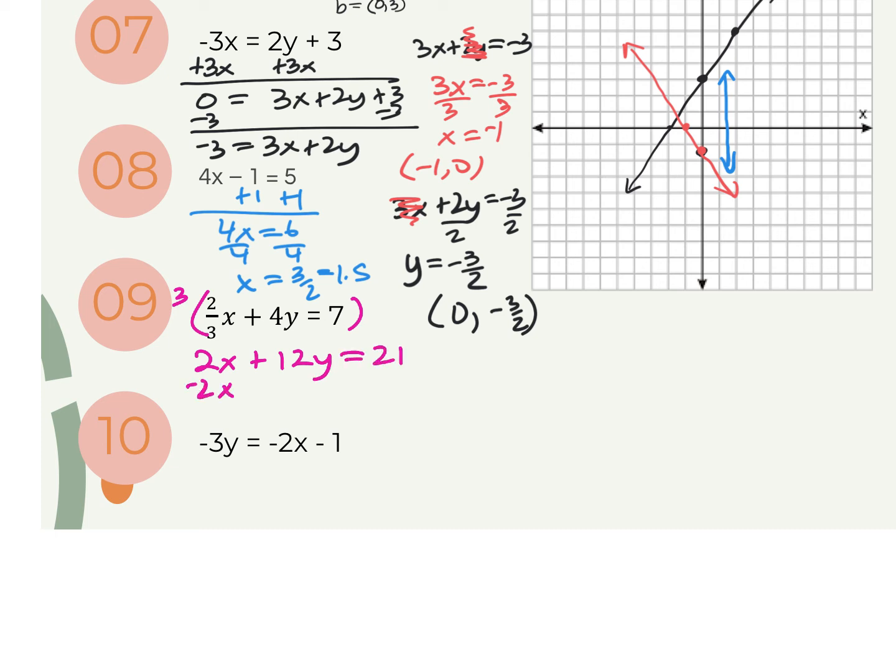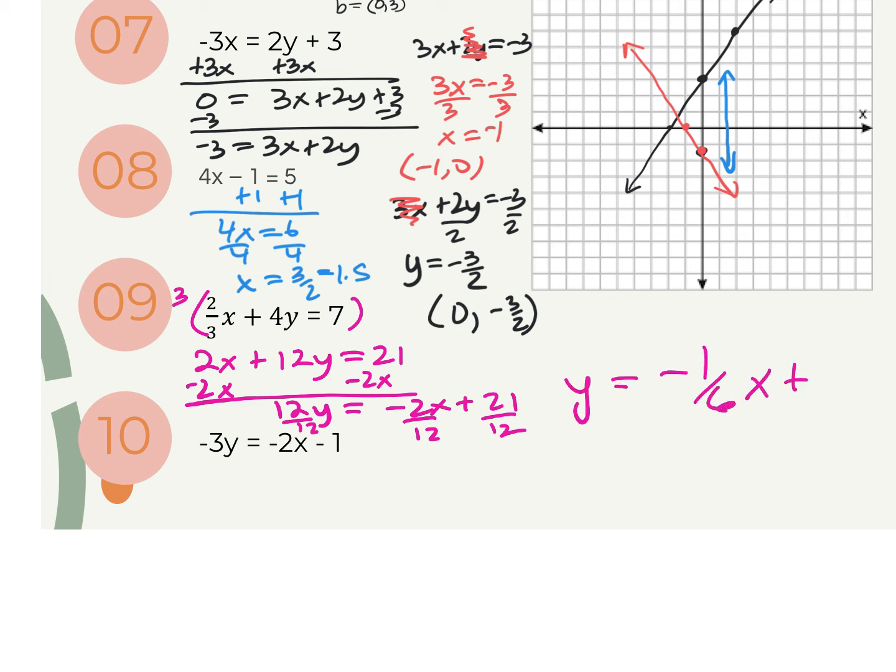Move the 2x. 12y equals negative 2x plus 21. Divide everything by 12. So it's y equals negative 1/6 x, and then I could reduce 21 over 12. I can divide them both by 3. 7 over 4. So this one's a bit challenging.